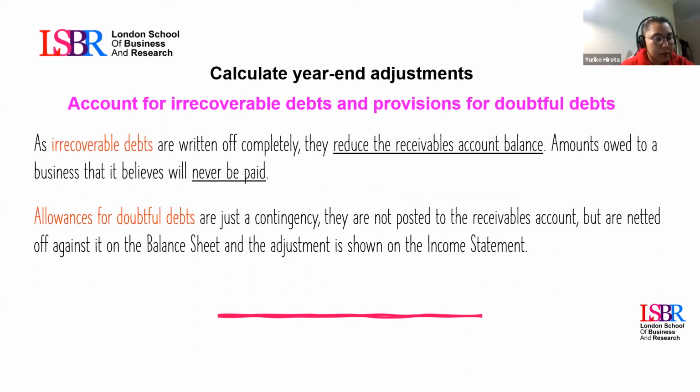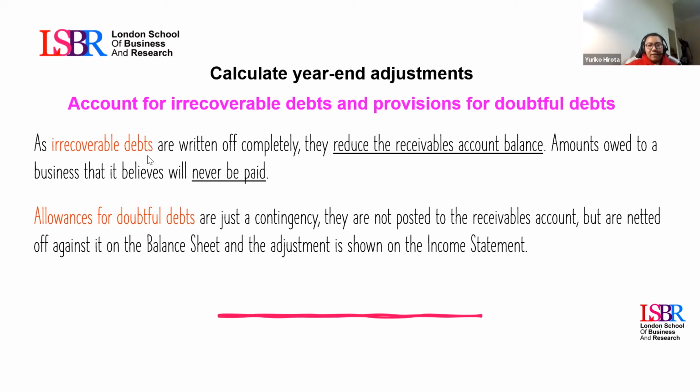Then we are going to check other adjustments, related to irrecoverable debts and allowance for doubtful debts.